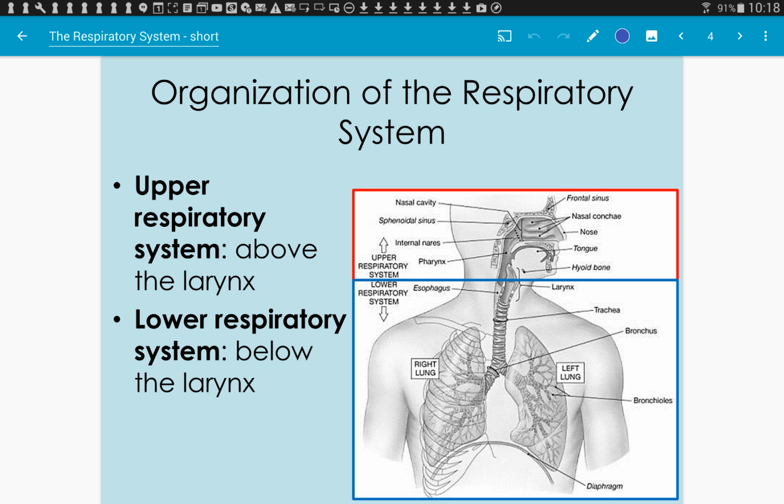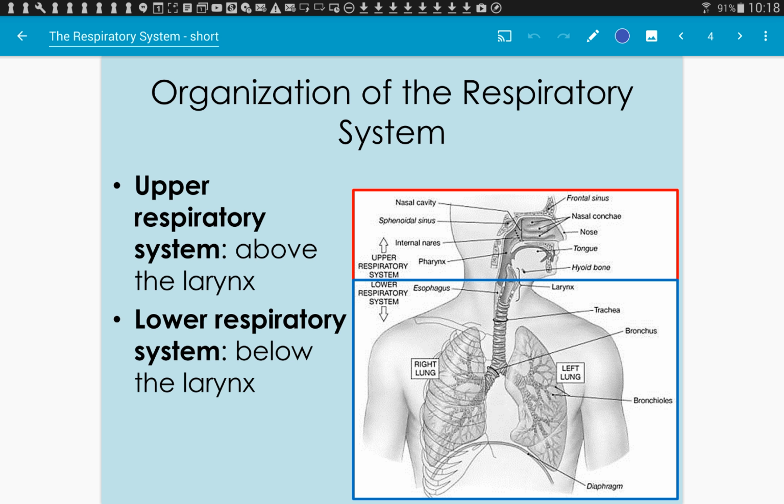Okay, so the upper respiratory system is everything above the larynx. This is not the best chart; it's not going to have every little thing on it. The larynx is kind of like the Adam's apple, right there.